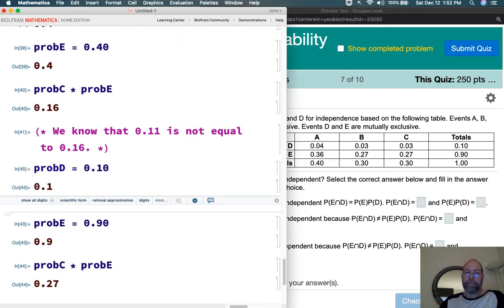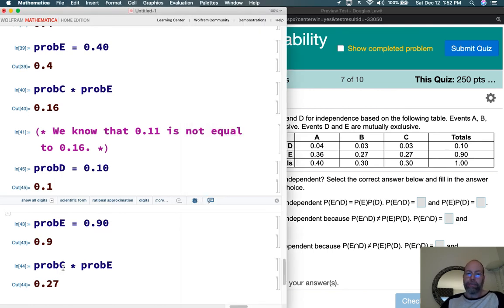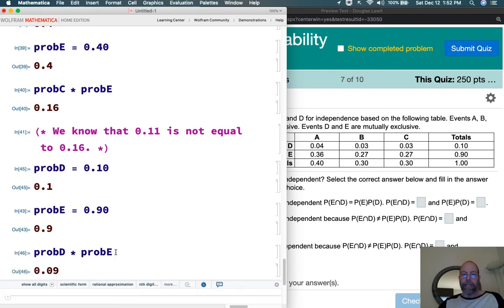The probability of D is 0.10, and the probability of E is 0.90. So the probability of D times the probability of E is equal to 0.09.